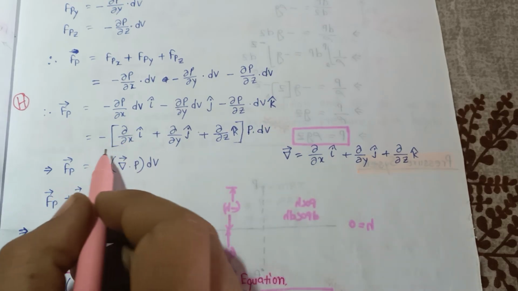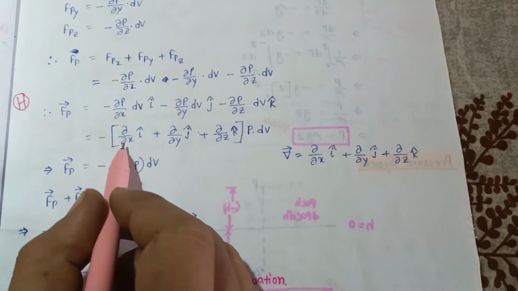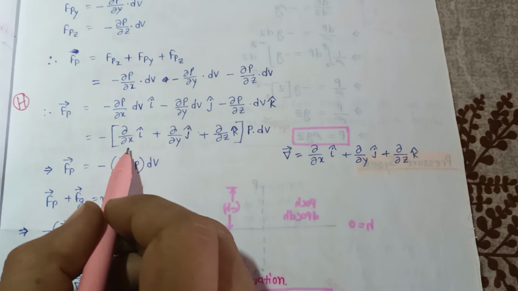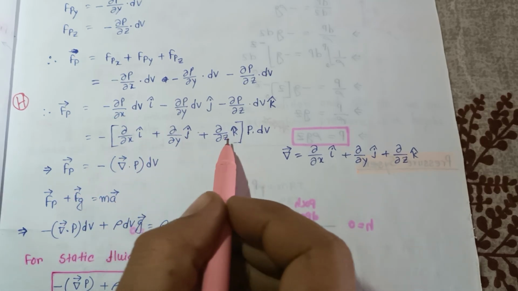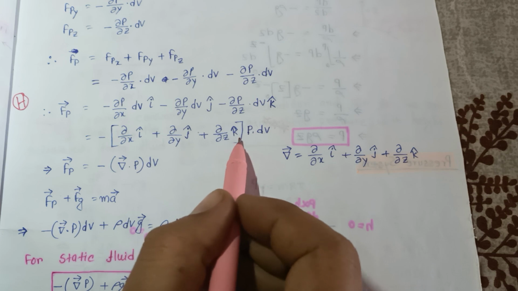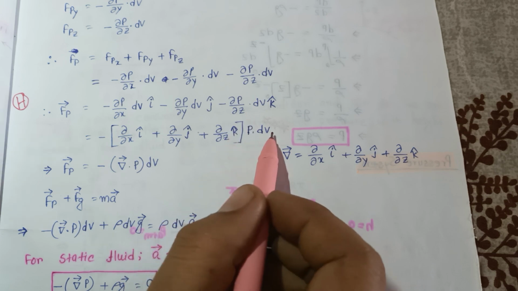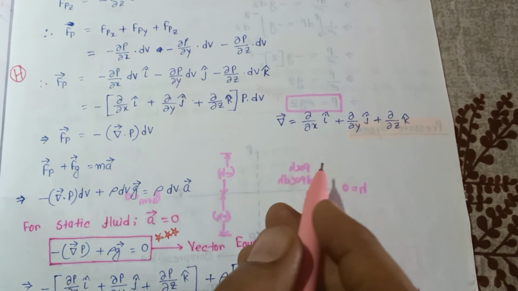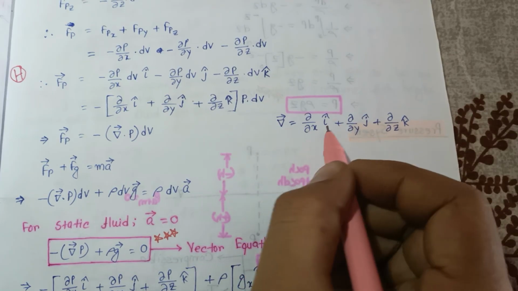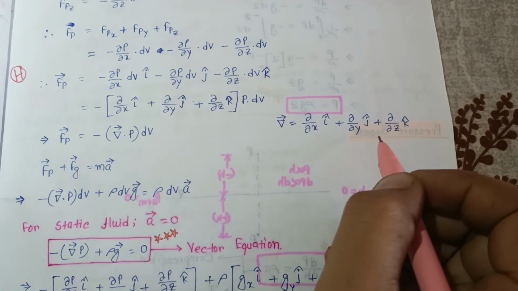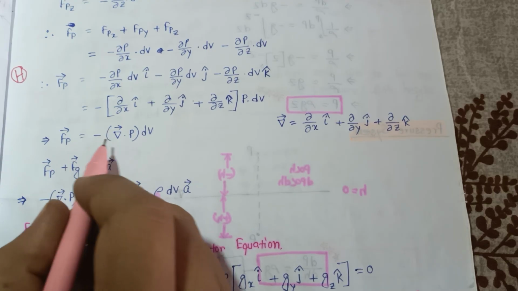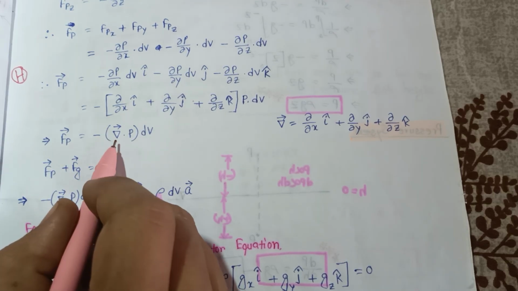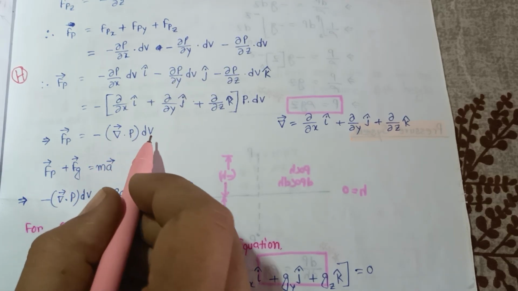So that is equal to del by del x i cap plus del by del y j cap plus del by del z k cap acting on P, into dV. Grad is del by del x i cap plus del by del y j cap plus del by del z k cap. So the pressure force is equal to minus grad P into dV.